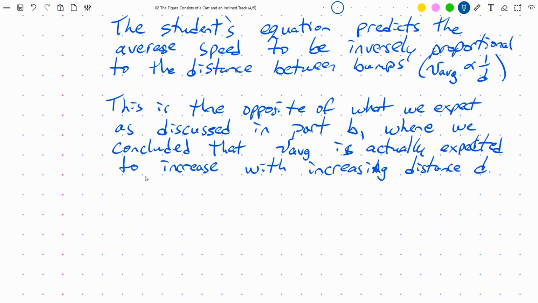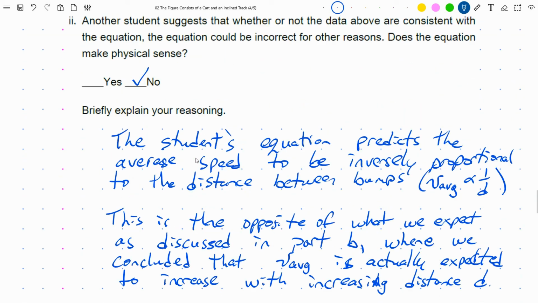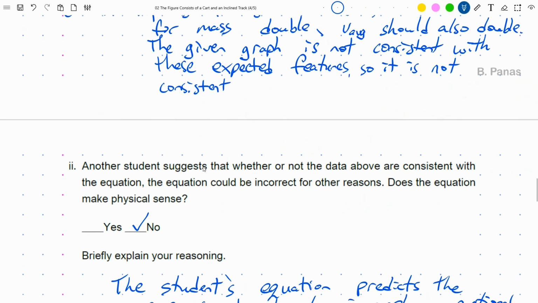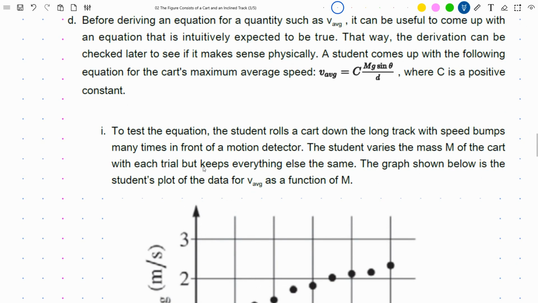I think we've just proved to ourselves that that equation does not make physical sense. And by the way, it doesn't matter if it passes certain tests. It doesn't matter if the sine of theta looks good, or the g could be fine there, or the constant. Don't single out the things that might be okay. All it takes is one deal breaker for us to say no. And you would be wasting your time if you were to elaborate and say that certain aspects of it make sense and certain aspects don't.